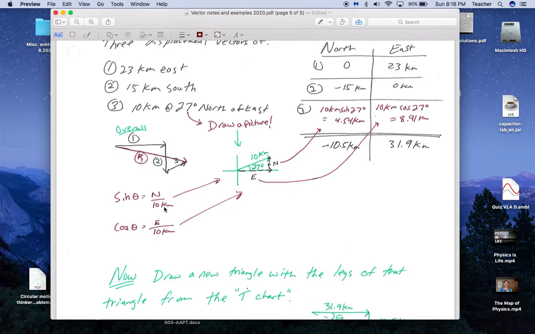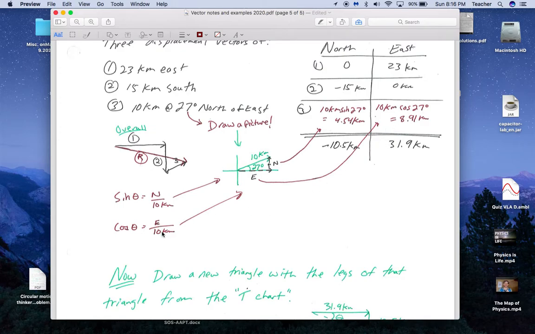Well, we know the angle is 27 degrees. So to get this north component all by itself, I multiply both sides by 10 kilometers, and it's 10 kilometers times the sine of 27, and that gets me 4.54 kilometers. And since it's north and my unit vector box is north, that's a positive. For this one, I do the same thing.